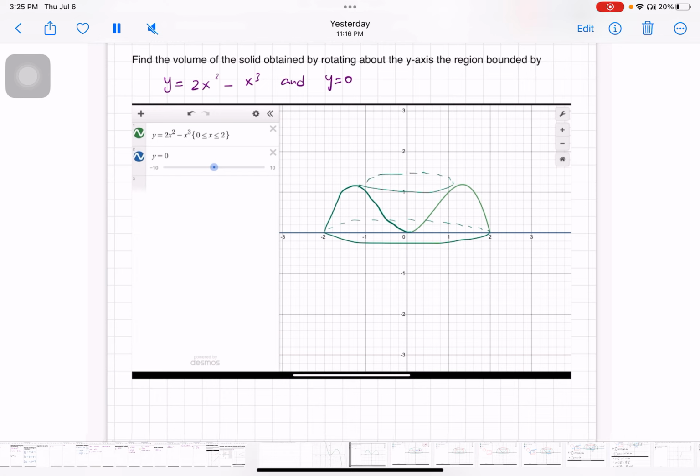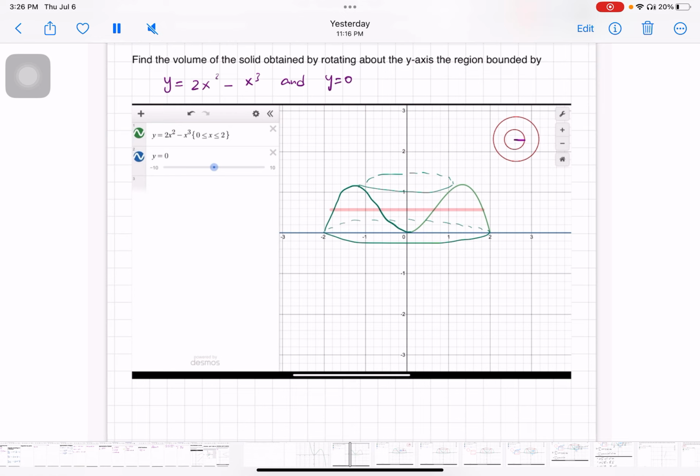We can try to slice it, but if we slice horizontally, we will have a kind of washer situation. But the problem is that both the inside and outside are the same function. We only have one function, y equal to 2x squared minus x cubed. So we cannot really use the washer method.